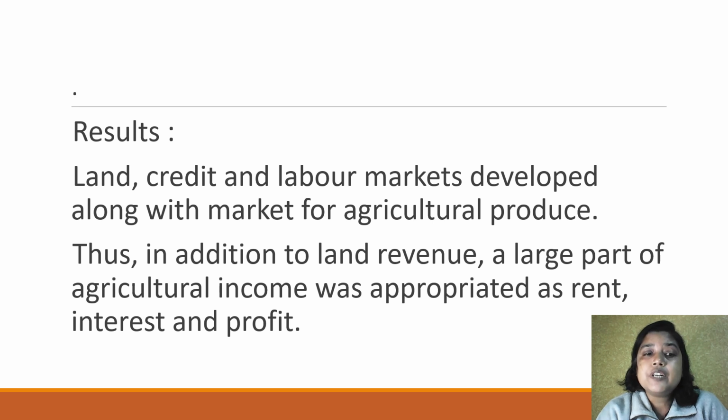The results were that along with the market for agricultural produce, land, credit, and labor markets also developed. So, in addition to land revenue, a large part of agricultural income was appropriated as rent, interest, and profit.